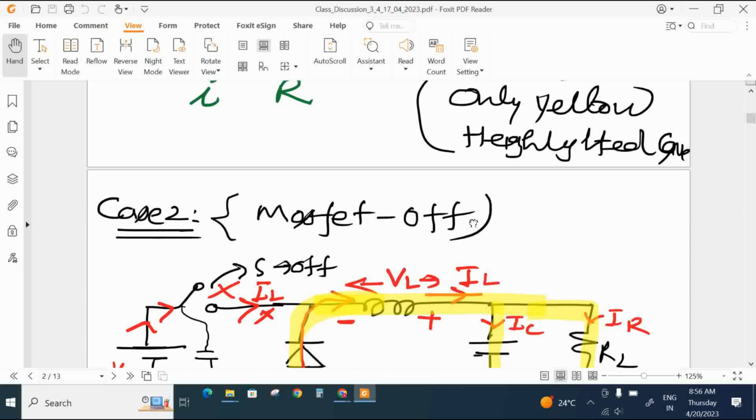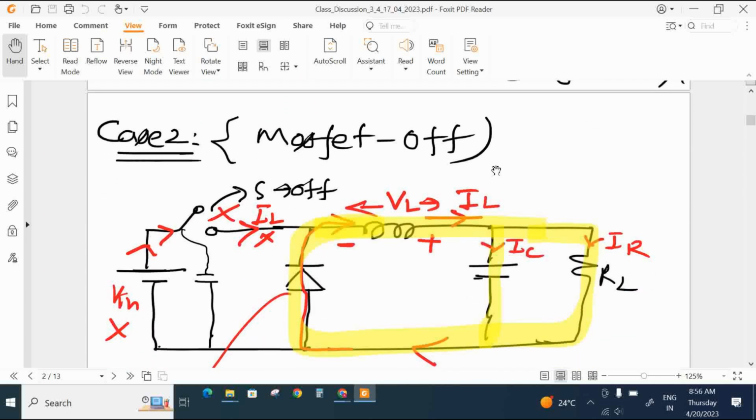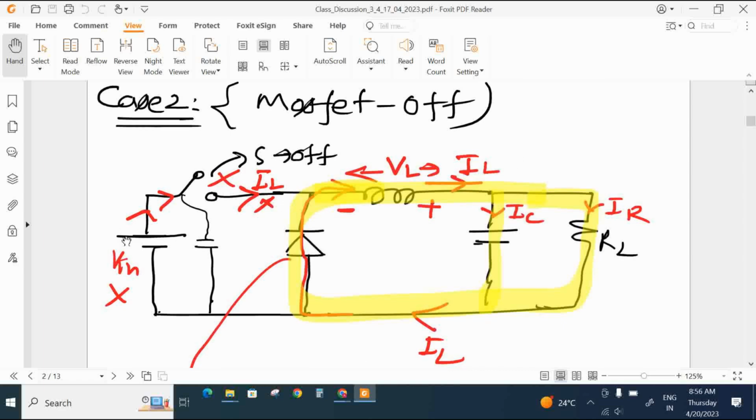The other case is when your MOSFET is off. In that case there is no input current going across the whole circuitry.